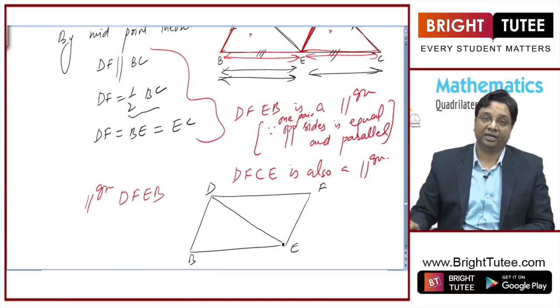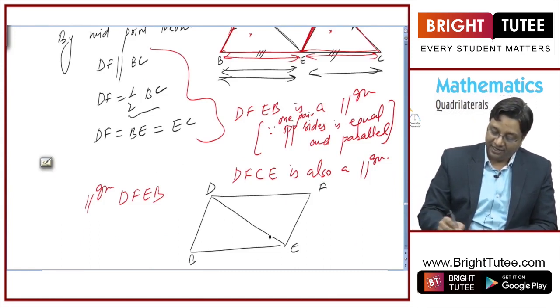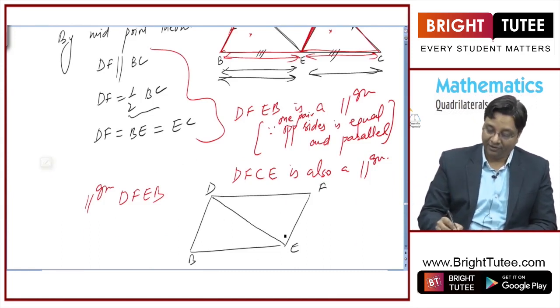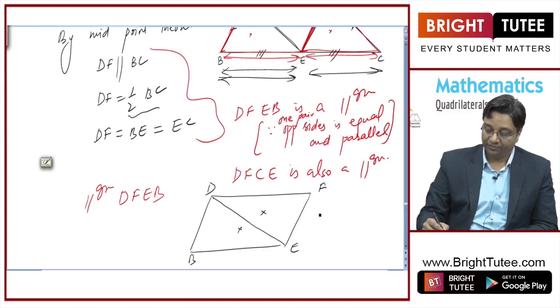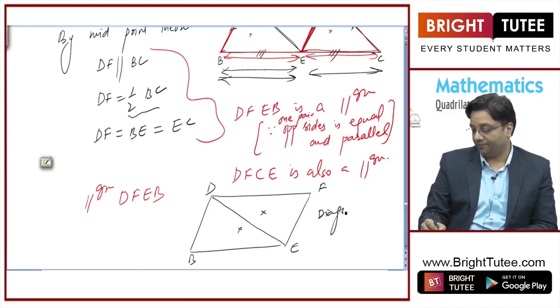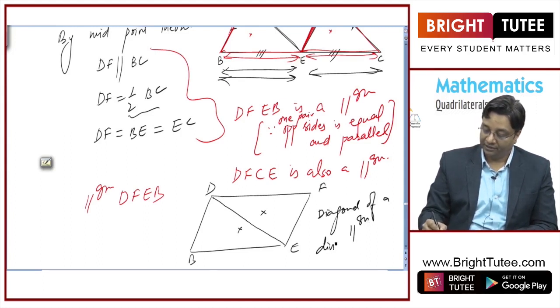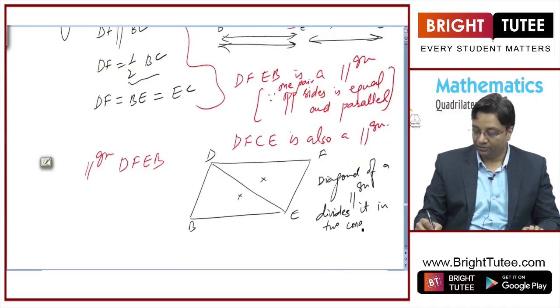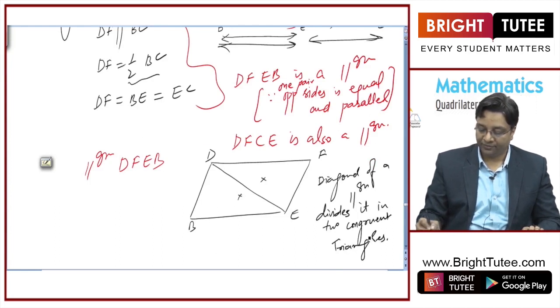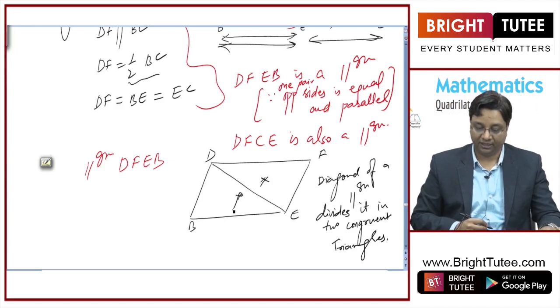Now what is the property of a parallelogram? The diagonal of a parallelogram divides it into two congruent triangles. So this triangle is congruent to this triangle.